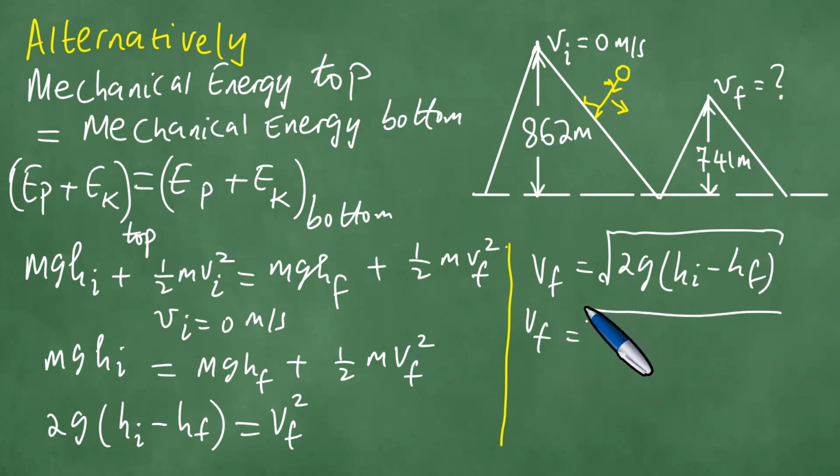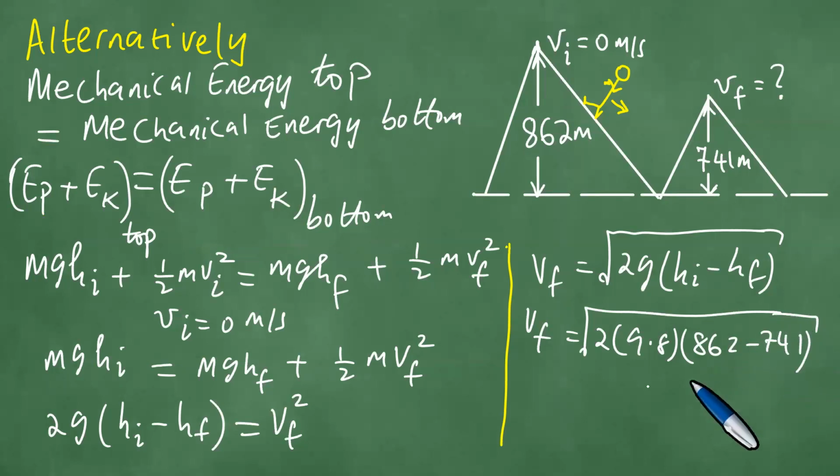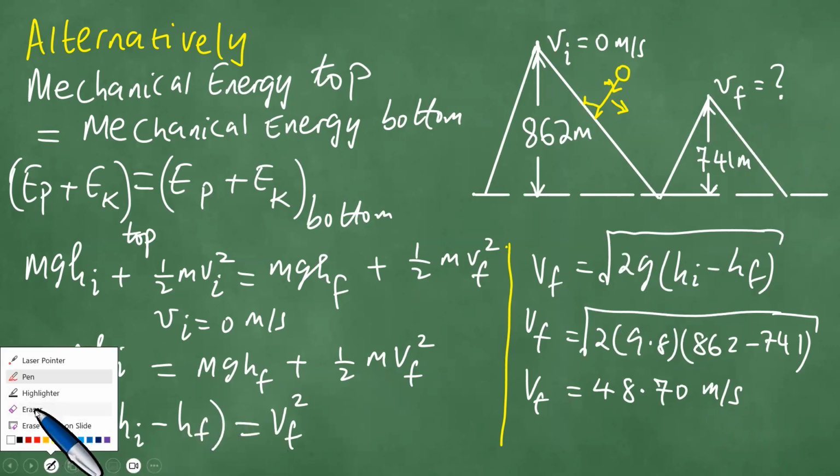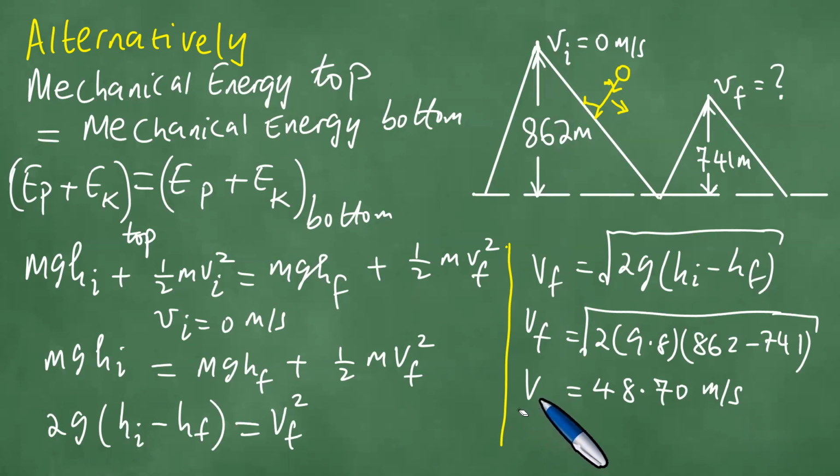So V final is the square root of 2 into 9.8, into h initial 862 minus 741. If you do everything here, use a calculator, you get 48.70 meters per second of speed, meaning at the time that it reaches here, the final velocity is going to be 48.70 meters per second. And therefore, we are done solving this problem here.